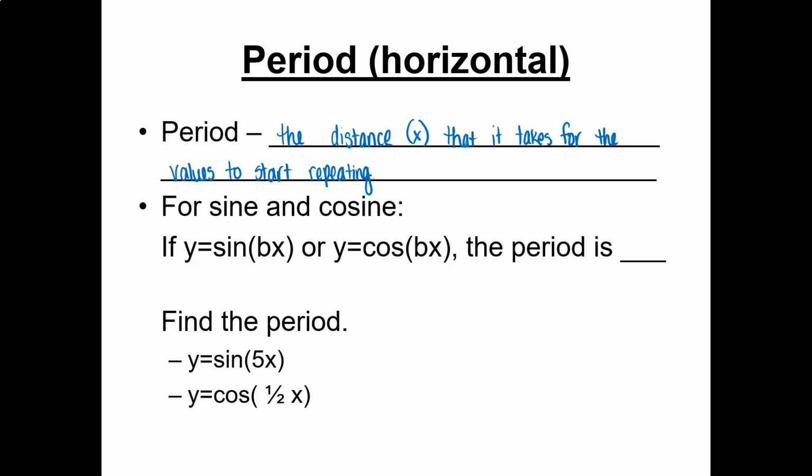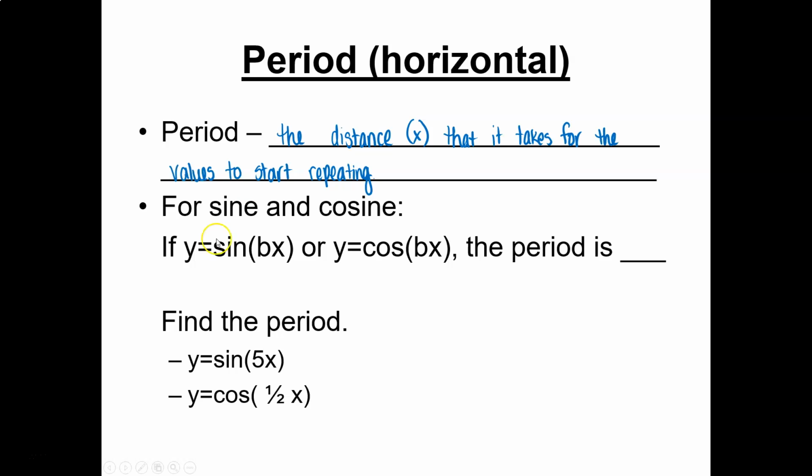So if you think about taking that sine graph that you graphed on your paper, an expansion or a compression is a little like an accordion, right? It's either going to spread it out or squish it back in. So our normal period for a sine function is 2 pi.